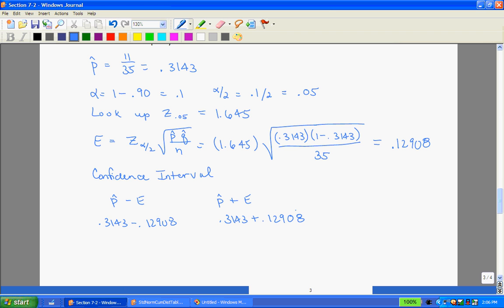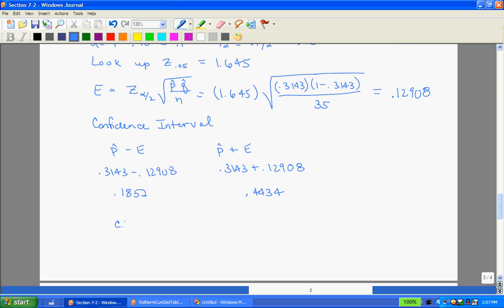Again, letting my calculator handle the long decimals, I get 0.1852 here and 0.4434 here. So a 90% confidence interval is 0.19 if we round to 2 decimal places, and 0.44.